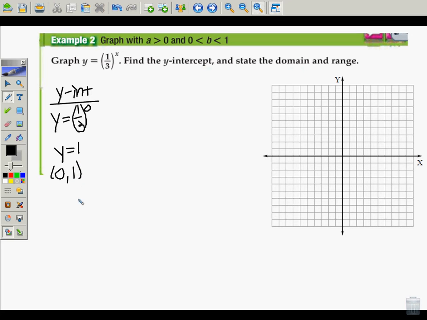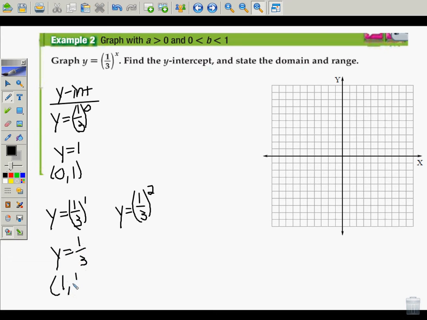Then I just need to find a couple more points. I'm going to find where x equals 1, so I'm going to plug in 1 for x. And then I'm also going to plug in 2 for x. For 1 for x, I just get y equals 1/3, so my point would be (1, 1/3).